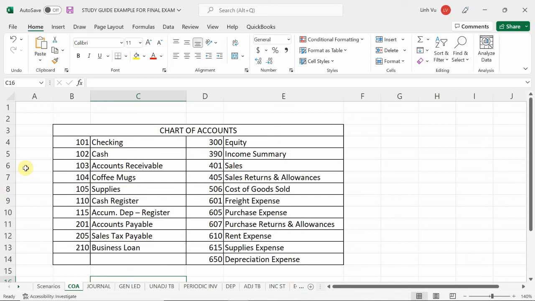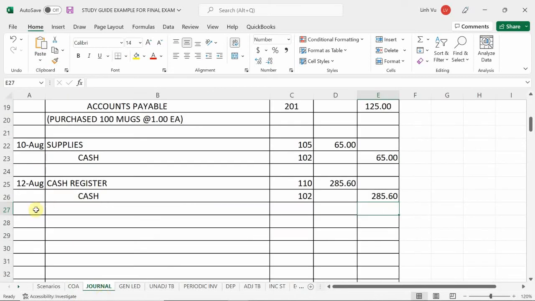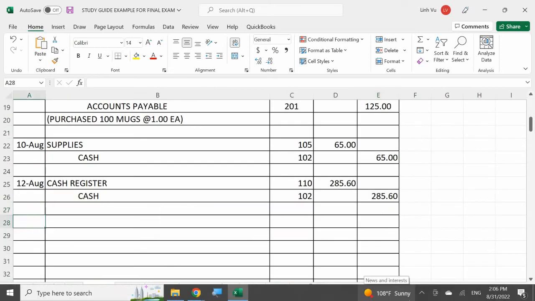We got some cash, so 102, good. And then we made some sales, good, 401. And then we collected the sales tax. Good, 205, sales tax payable. Awesome. Okay, here you go. Today is August 16.